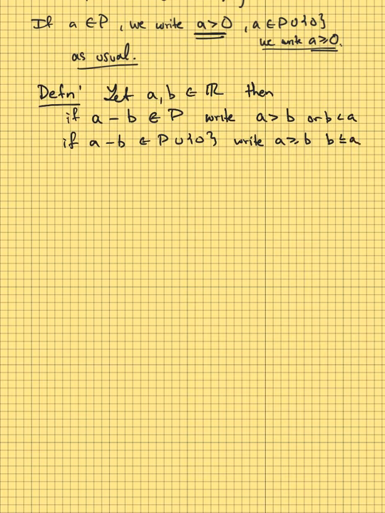Okay? So let's give one immediate corollary of property 3. What it's saying is that A is greater than B, A equals B, or B is greater than A. This is the trichotomy.